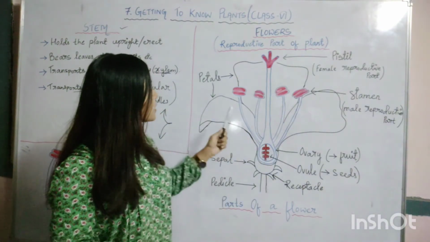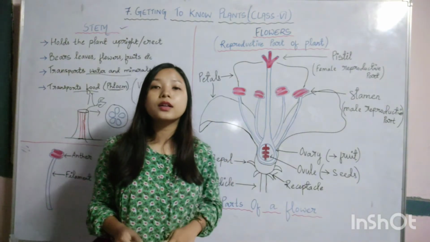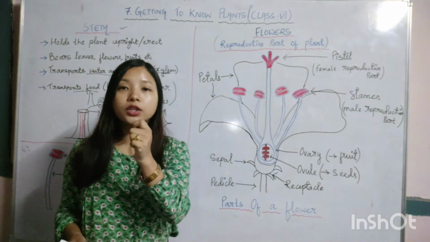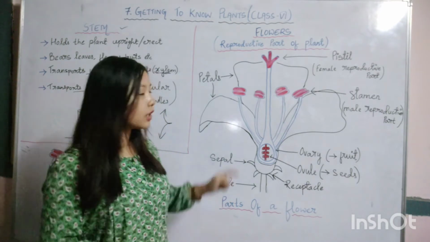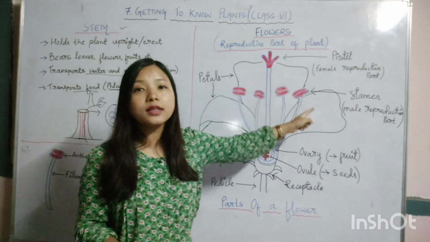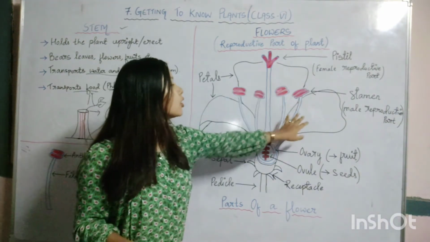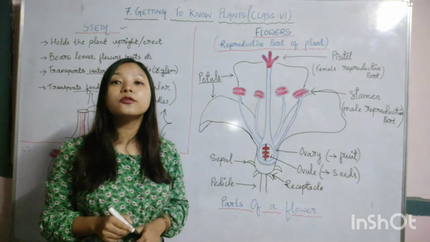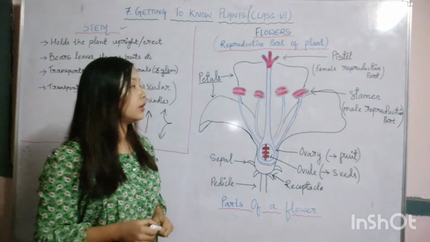So here let's see the different parts of a flower. If you take a flower, you can observe any flower and you see the colored parts like this. They are known as petals. And they are the colorful part of the flower.